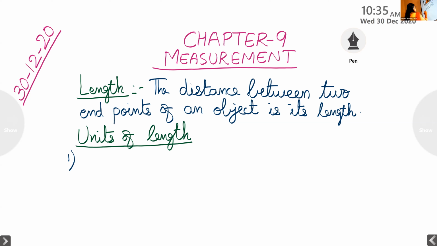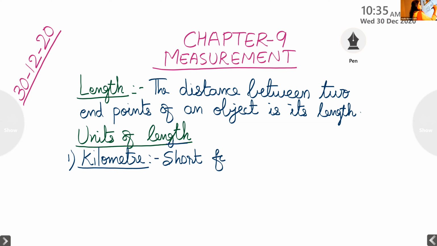First one is kilometer. The short form is km. Short form is km.